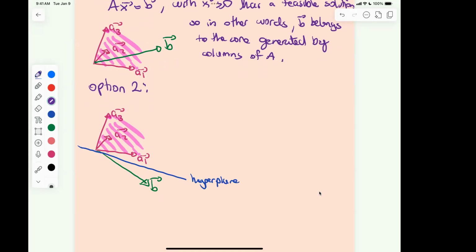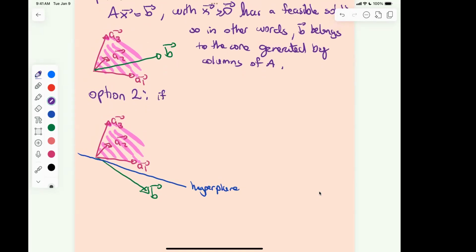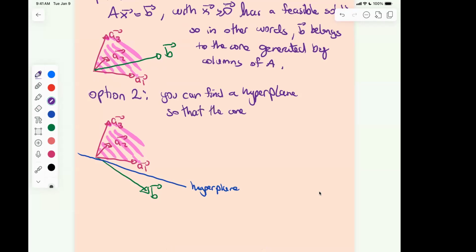What option two says is that otherwise, for the vector V, you can find a hyperplane so that the cone is on one side of the hyperplane and the vector B is on the other side.